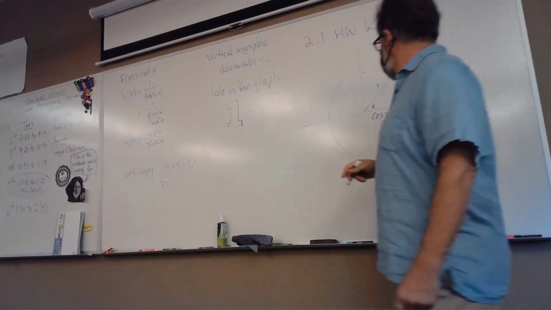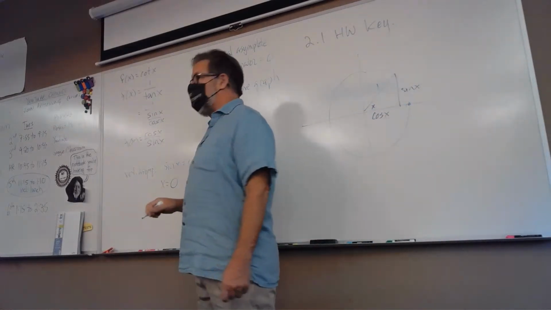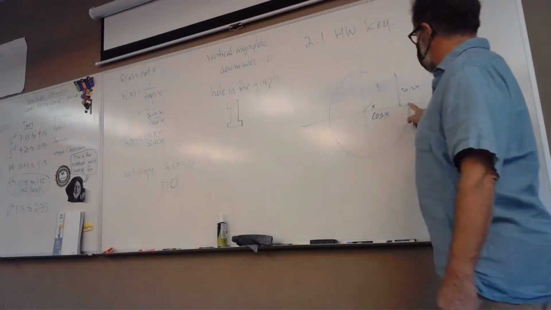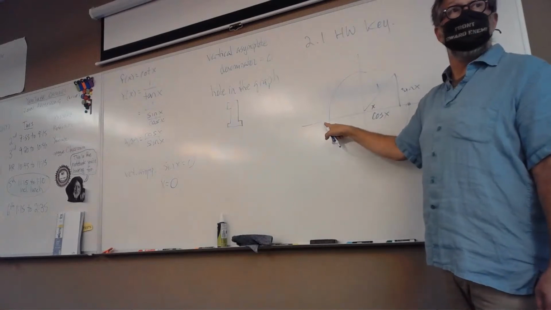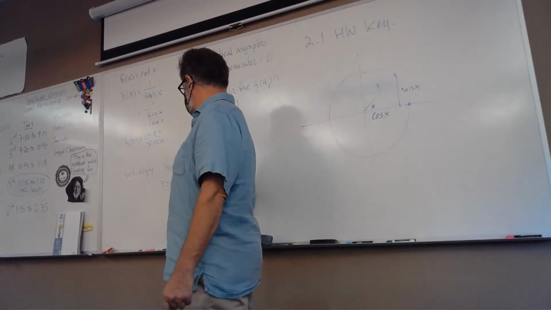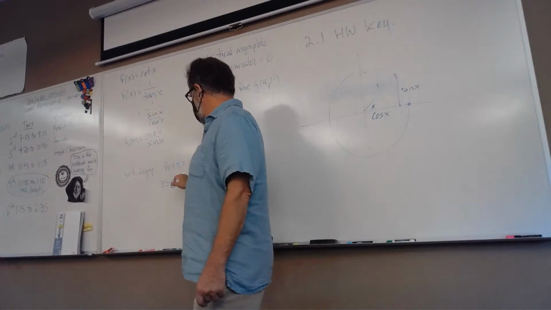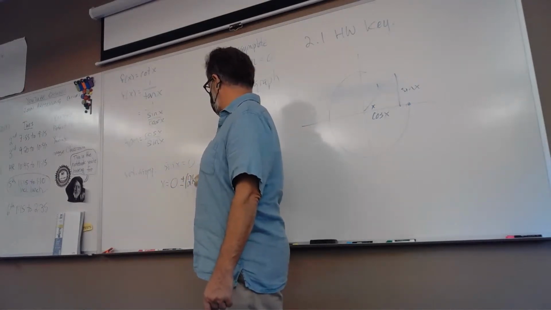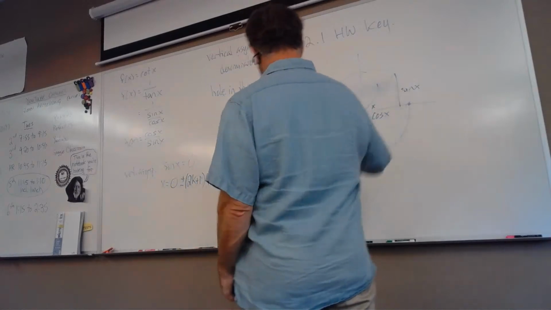Because we know that sine is equal to 0 at an angle of 0. And we know that sine is equal to 0 every pi units thereafter. The way we normally say that is 2k plus 1 pi. Do we have to? No, we don't even have to.